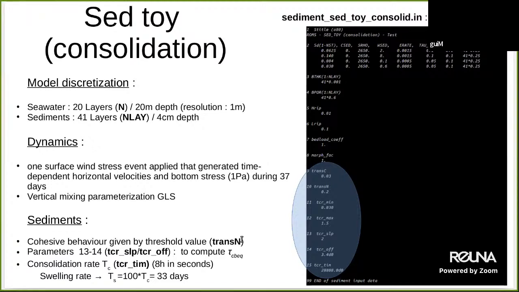And if it is above this threshold value, then the cohesive bed module will consider it with cohesive behavior. And so you also have other parameters for slope or offset. This is to compute the equilibrium profile you saw before.